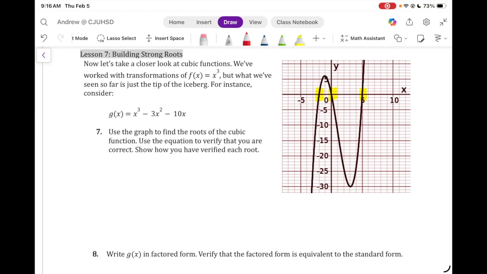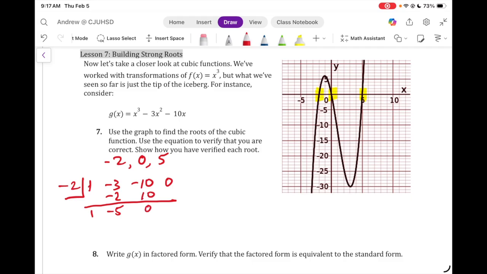Okay, so if the roots are negative 2, 0, and 5, that means when I use division, I should be able to get a 0 remainder. So if I use negative 2 and I go 1, negative 3, negative 10, and 0, I get 1, negative 5, 0, 0.